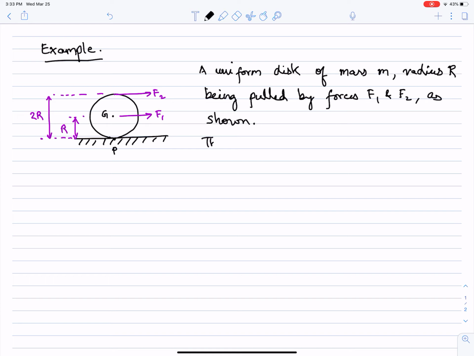The disk rolls without slip on the floor.